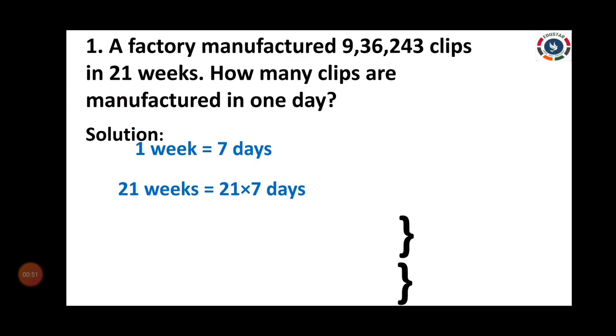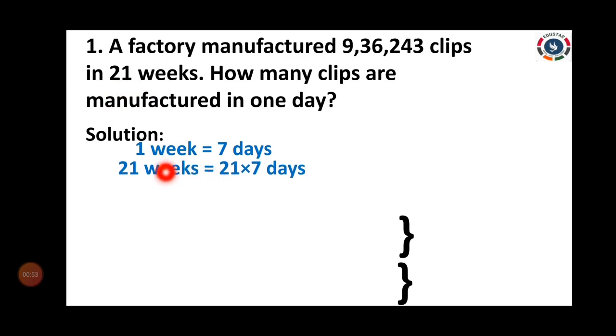So 21 weeks is equal to 21 into 7 days. You multiply both values. So 21 into 7 gives 147 days.